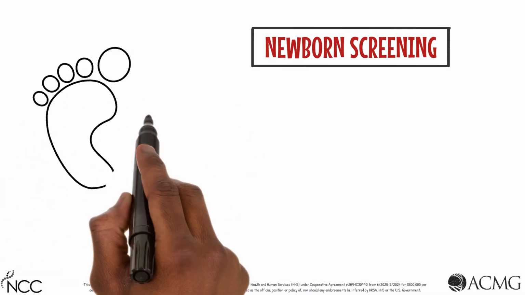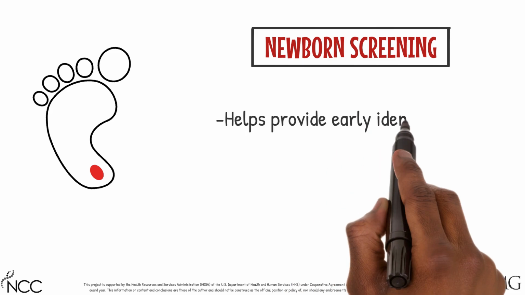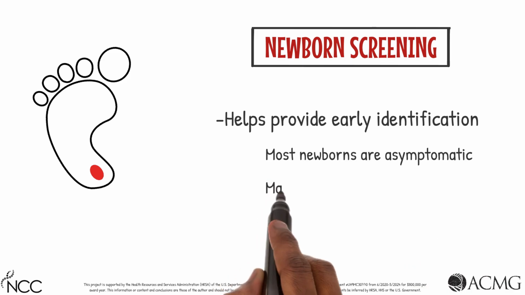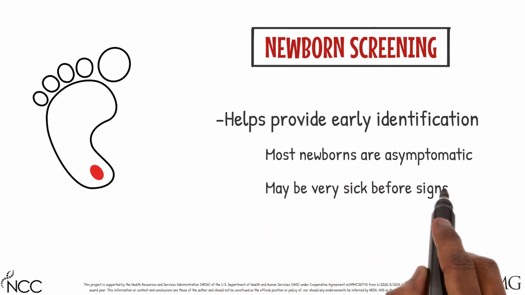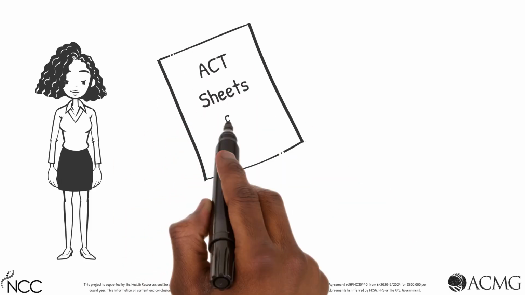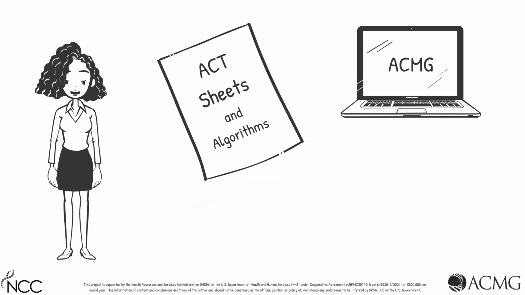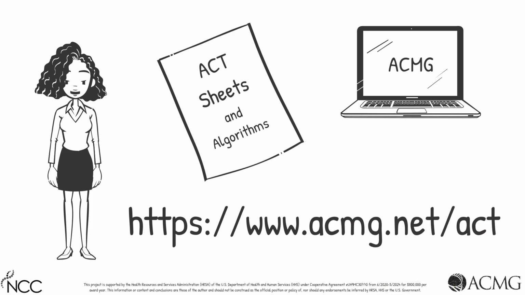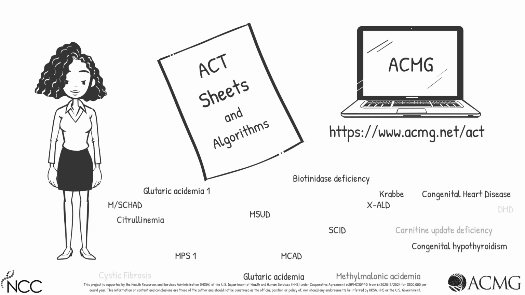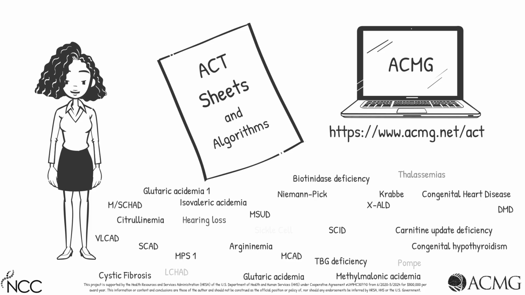Second, newborn screening helps with early identification of those with sickle cell disease, as most newborns will be asymptomatic and may not have signs or symptoms until they are very sick. Third, ACT sheets are freely available on the ACMG website to review in the event of a screen positive result. In addition to sickle cell disease, ACT sheets are available for many other conditions that can be identified through newborn screening.